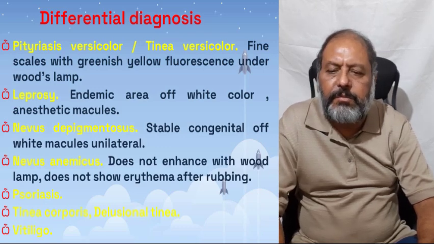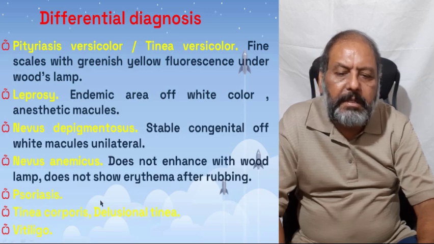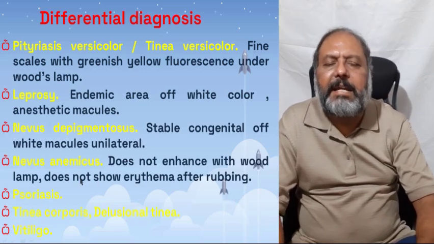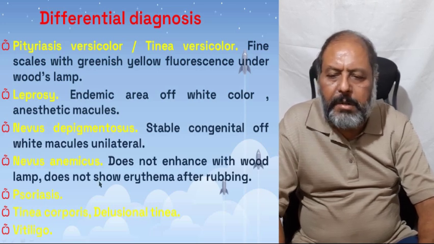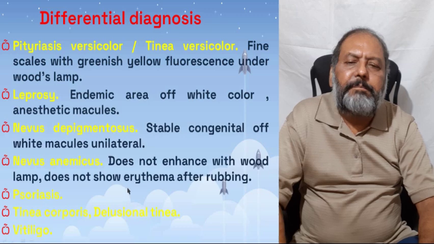Nevus anemicus does not enhance with Wood's lamp and does not show erythema after rubbing. Then psoriasis with scales, tinea corporis, and tinea faciei, these are fungal infections that can be seen by the KOH preparation, and vitiligo, which has a very peculiar picture.